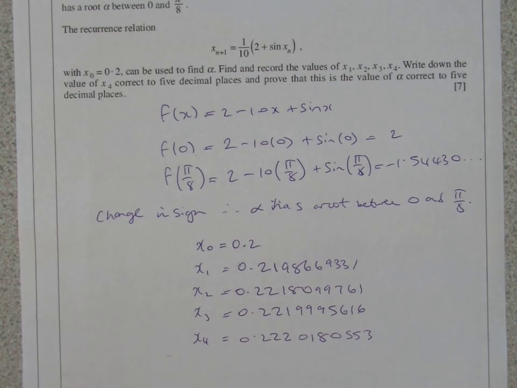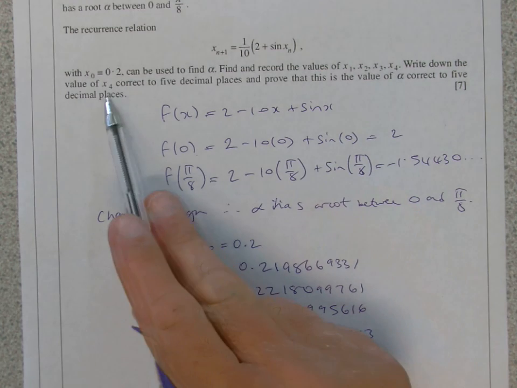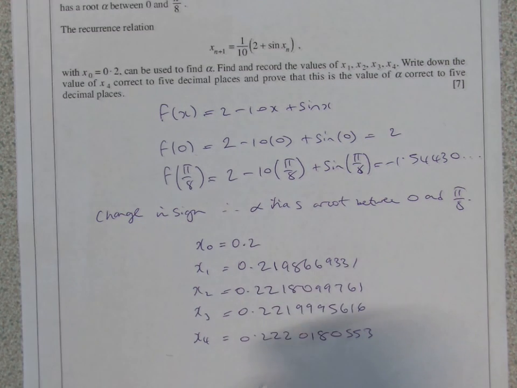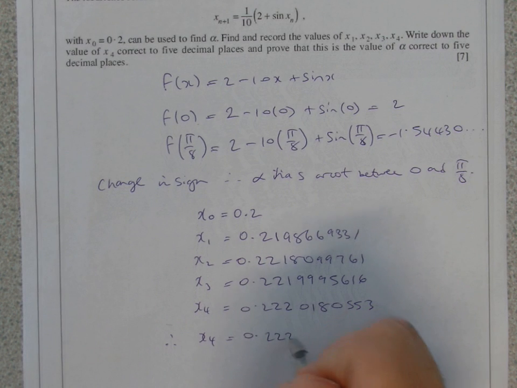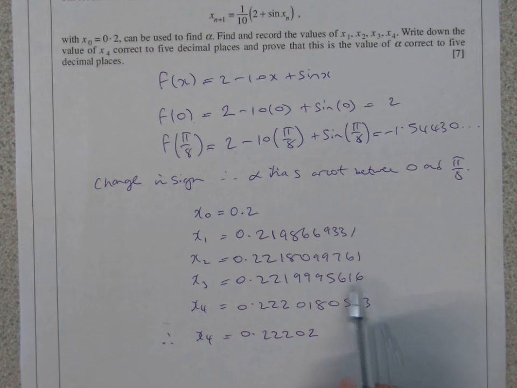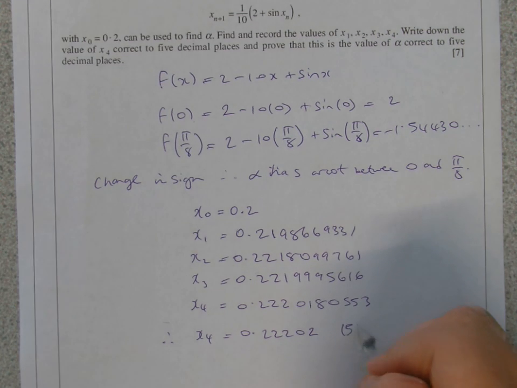So that's my x4. Then it says write down the value of x4 correct to 5 decimal places. So x4 equals 0.22202, because that 8 means I have to round that up.